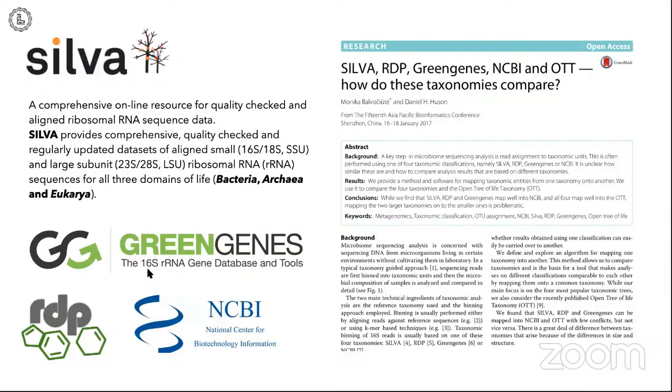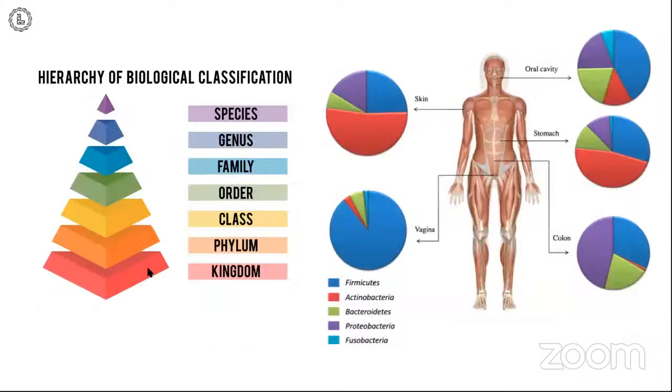So what does mapping on these databases allow us to do? It allows us to classify the different types of bacteria that we have, to create a proportion based on a taxonomic level. So here you can see classification by phyla. This is a fairly low level of classification, but we can look at how to characterize these microbiota and study differences between them.